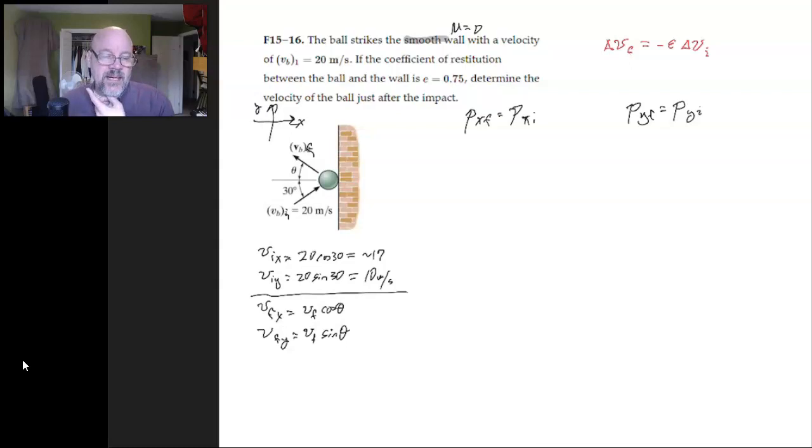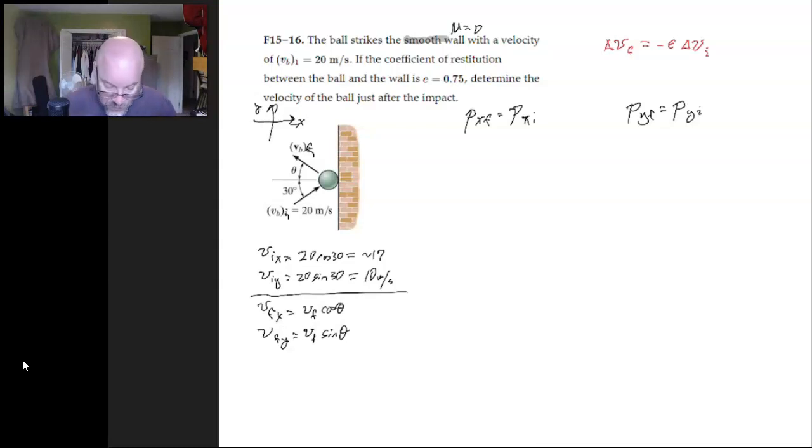Now, what I didn't tell you is there's a reason that I chose the coordinate system the way I did, which is traditional. That's actually pretty important. I didn't pick it just because it's traditional. I picked it specifically because this problem says it's a smooth wall and it's a vertical wall.